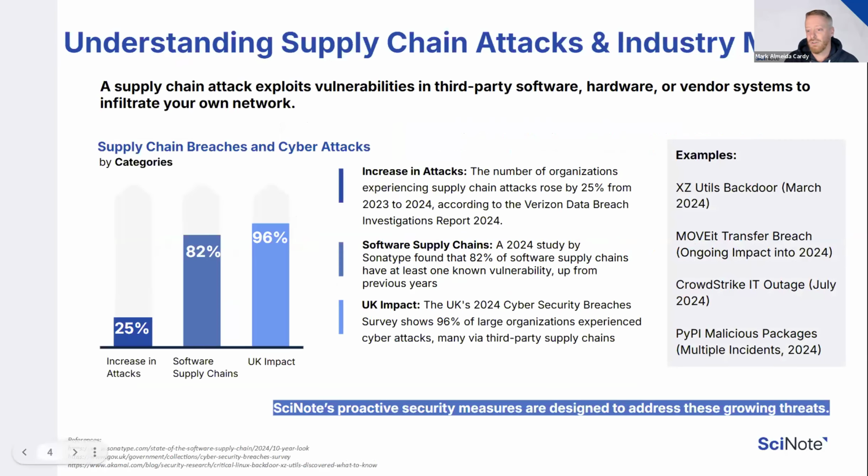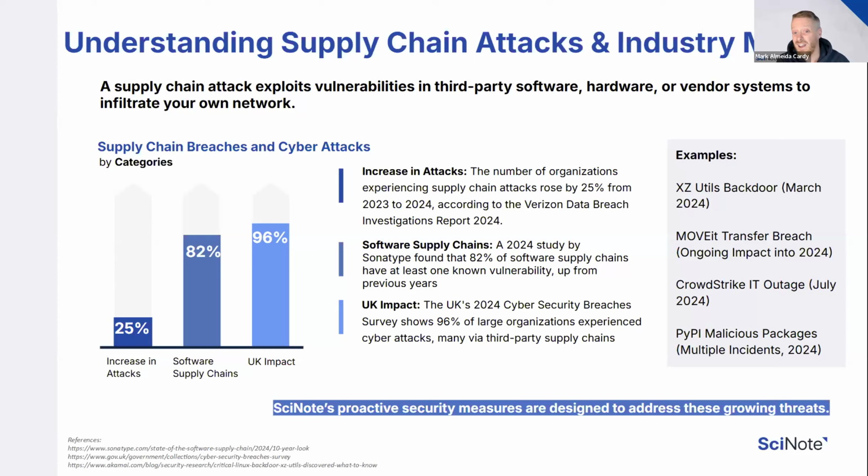So, what's a supply chain attack? It's when attackers target vulnerabilities in third-party software or even vendors to breach your systems. And the stats really do tell a stark story today. Supply chain breaches jumped 25% between 2023 and 2024, an average of just over 4 incidents per organization.